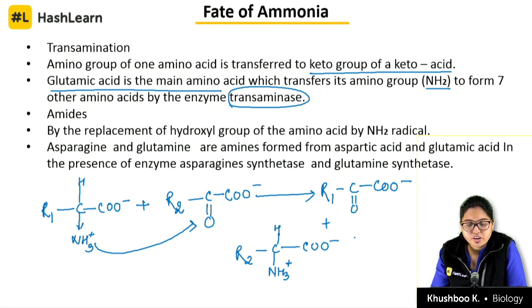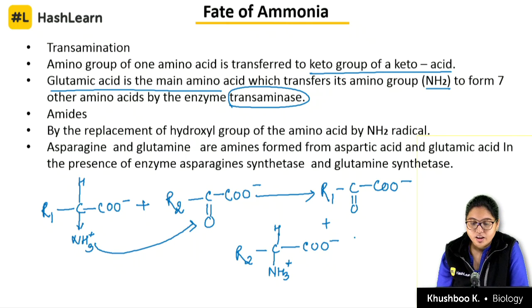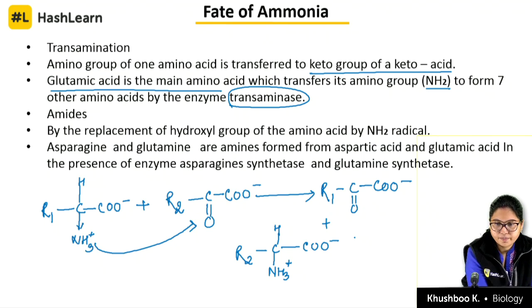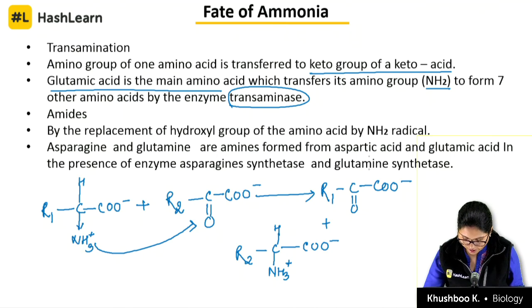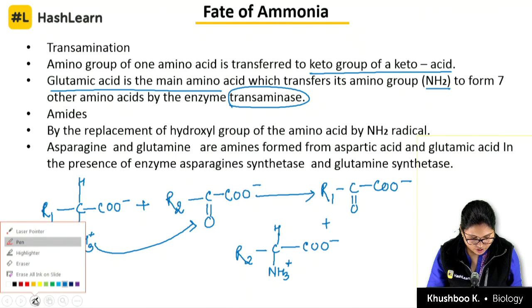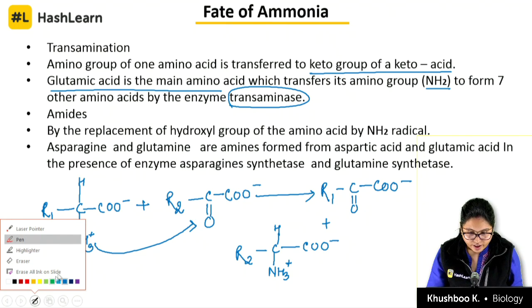So, by replacement of the hydroxyl group of an amino acid by an NH3 radical, okay. In this case, there is formation of an amide, okay, like the synthesis of asparagine.